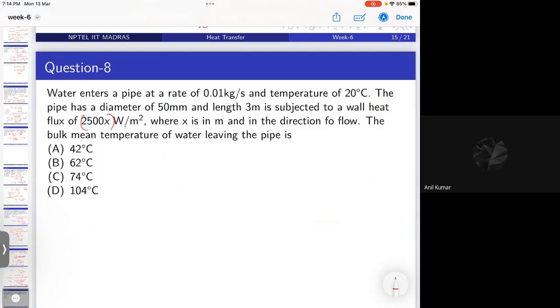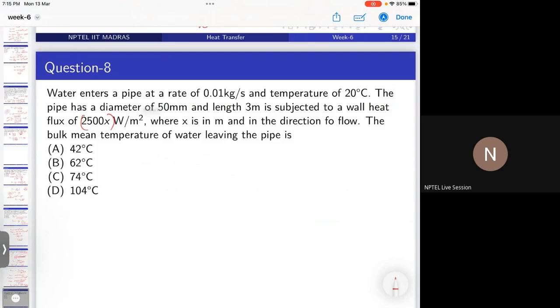Sir, it is a problem of constant surface heat flux. So I will start doing this.